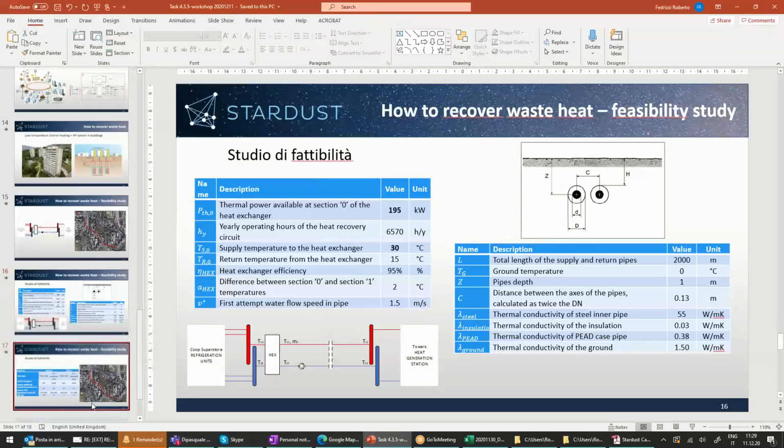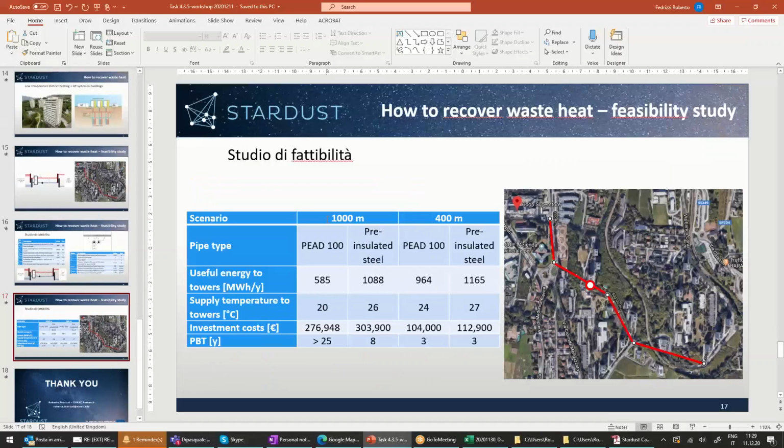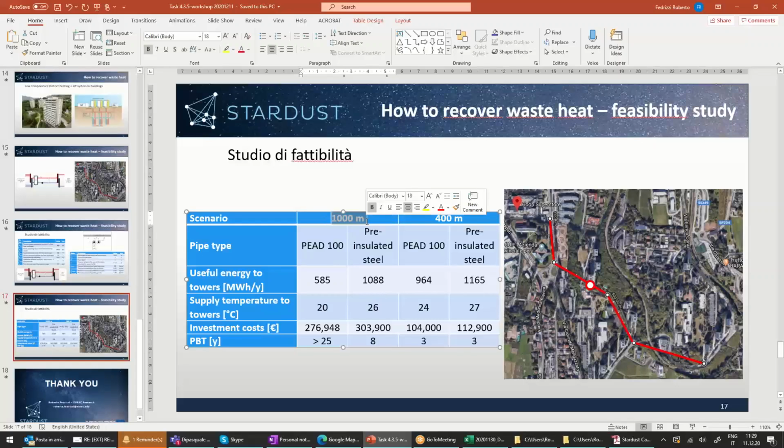Without going into too many details, these are the results. This is the distance to the towers, non-insulated pipelines, insulated pipelines, and this is the quantity of energy that you can convey from the superstore to the three towers.